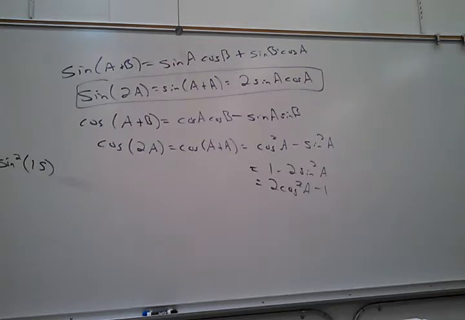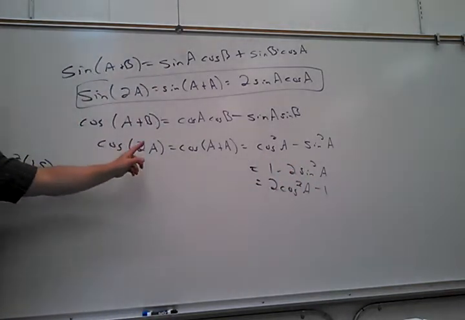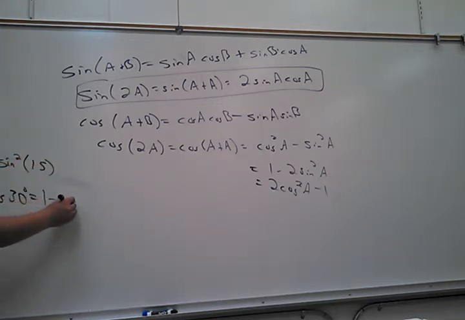Obviously, I have not done that to you before today. That would be kind of evil. But you'll notice 1 minus twice sine squared is related to cosine 2a. And cosine of twice 15 is cosine of 30. So I'd say, okay, cosine 30 would be 1 minus twice sine squared of 15. So then I can solve for what I need.